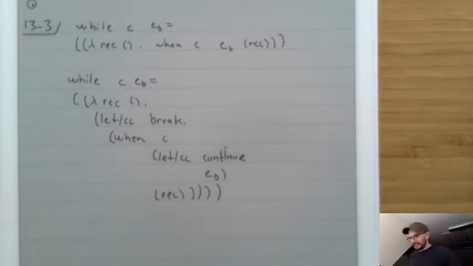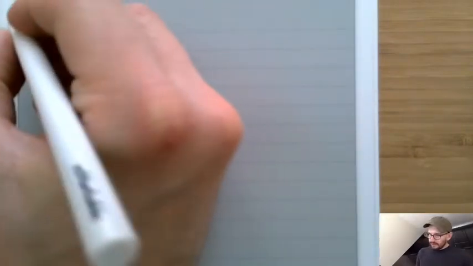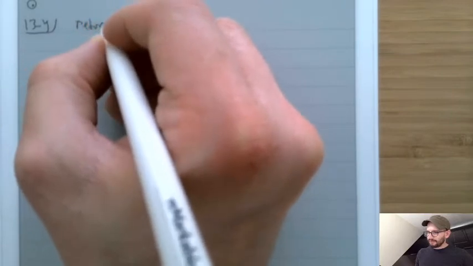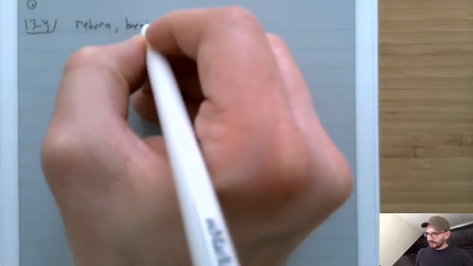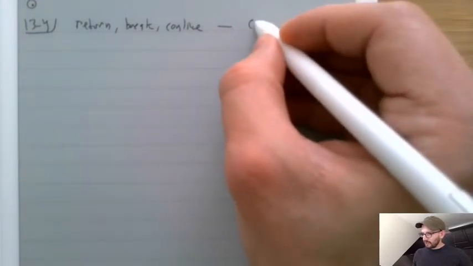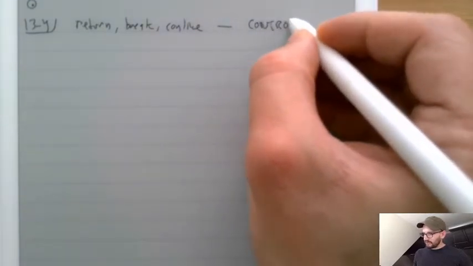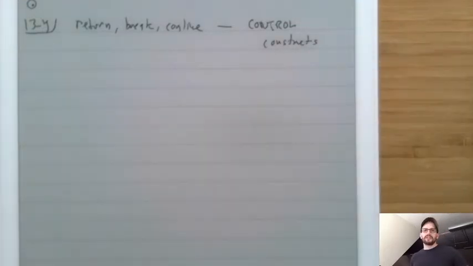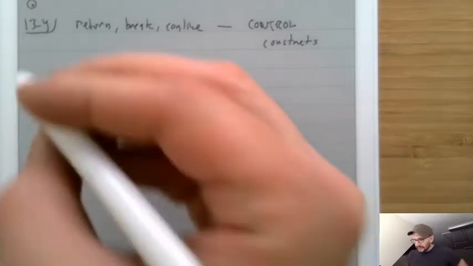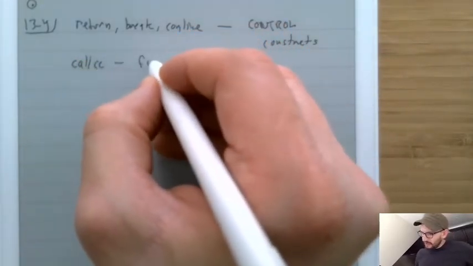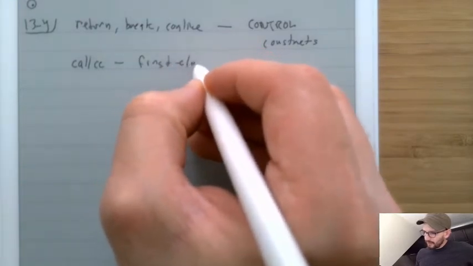Return, break, and continue are all examples of control constructs. They allow you to change the control locations in the program. And call CC is an example of first-class control.